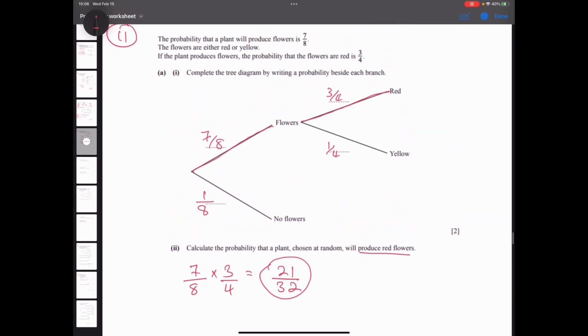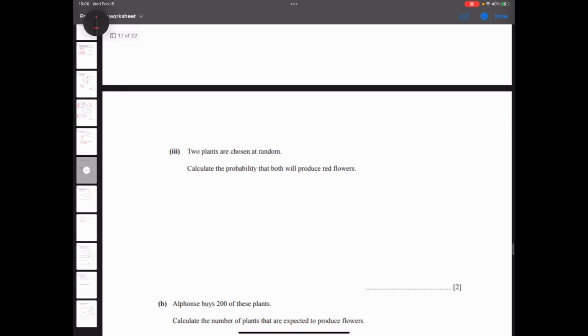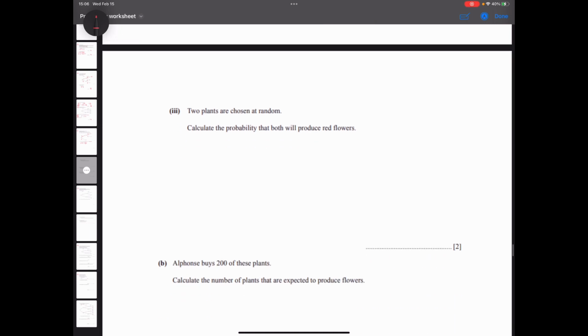So if two plants are chosen at random, I say 21 over 32 times 21 over 32. So this is going to give me 21 times 21, which is 441, and 32 times 32 is 1024.